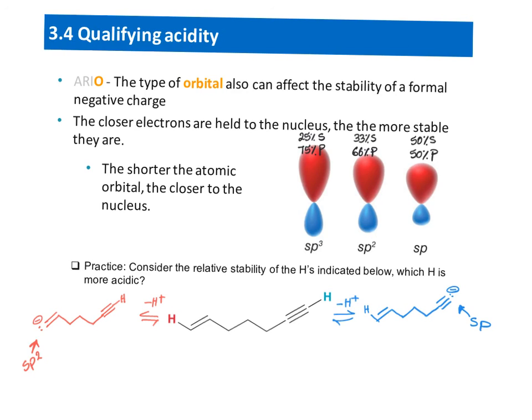When the electrons are in an sp orbital, the sp orbital is shorter, so electrons are closer to the nucleus, therefore they are more stable, meaning that this anion is more stable than this one. So this proton is more acidic than this one.